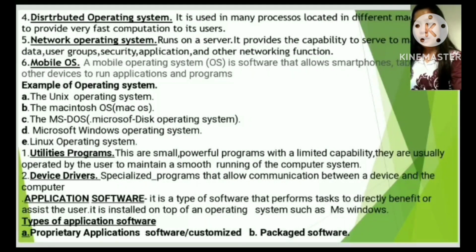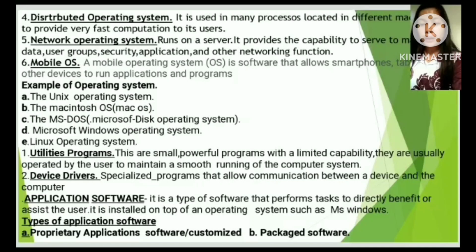Mobile operating systems are those OS that are especially designed to allow and power smartphones, tablets, and wearable devices to run applications and programs. Some of the most famous mobile operating systems are Android and iOS, but others include BlackBerry, WebOS, and Watch OS.